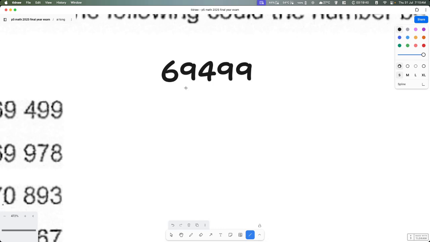What we need to do is look at the number before the thousand, and that is number 4.